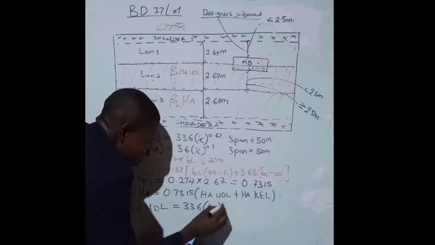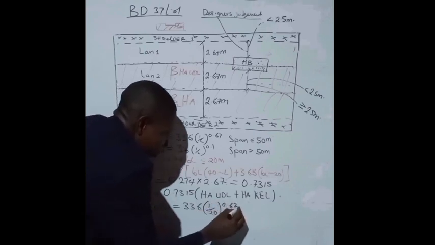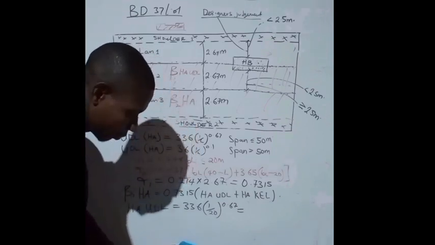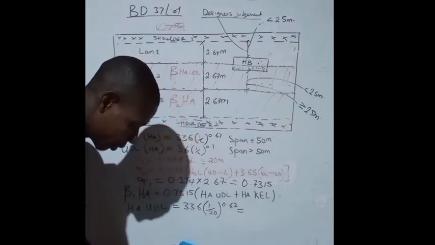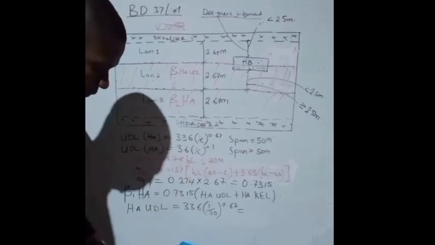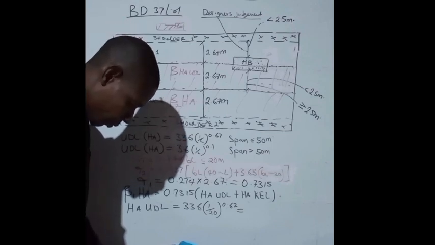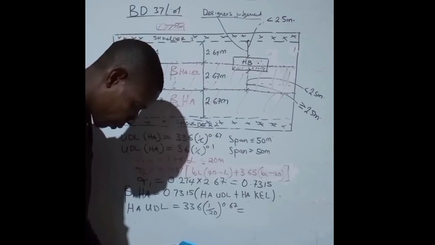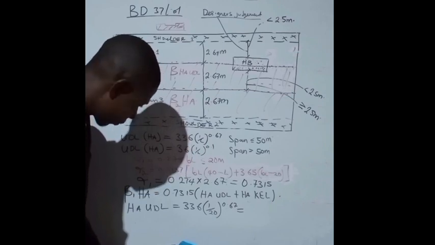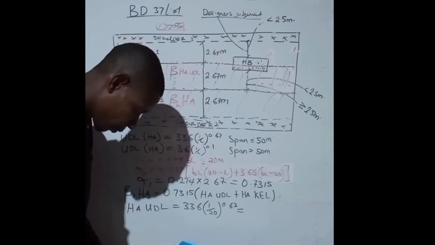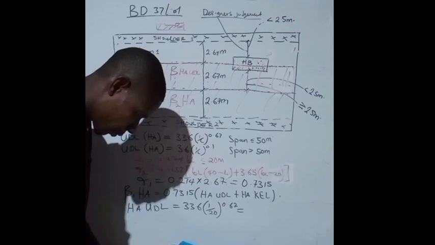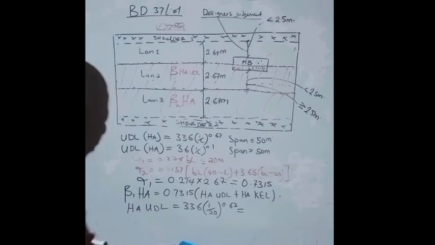361/20 raised to the power 0.67. If we do that, we are going to be having 33616. So we have, so we're going to have 45.1.